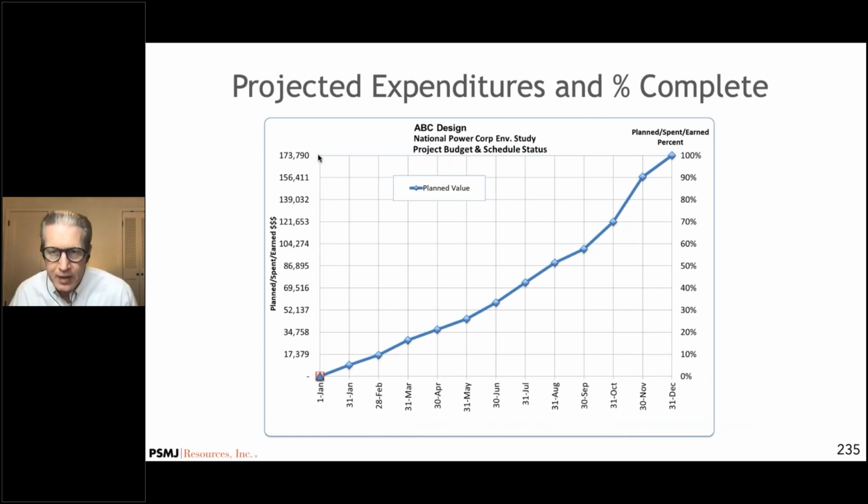Mm-hmm. The interesting thing as I look at this, though, is at the end of June, I kind of go up and I say, wow, it's interesting. At the end of June, this job only looks like it's about 35% done. It's going to take until what, the end of August for the job to be 50% done.